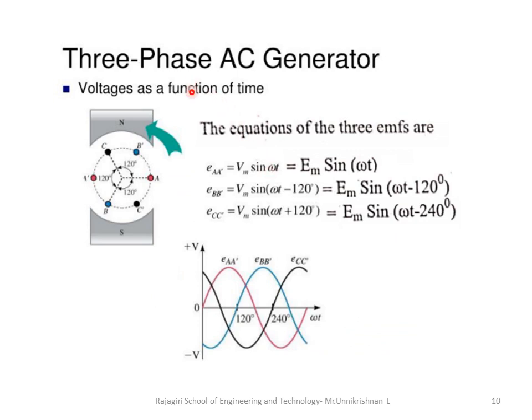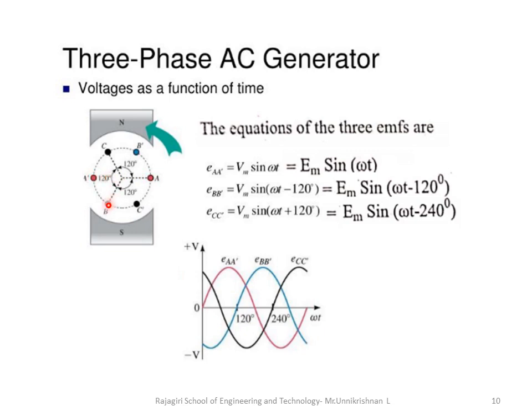In this slide we will be seeing how you can represent the voltage as a function of time in equations. So in this figure you know that A will be the point A1 and A dash is the A2 point.